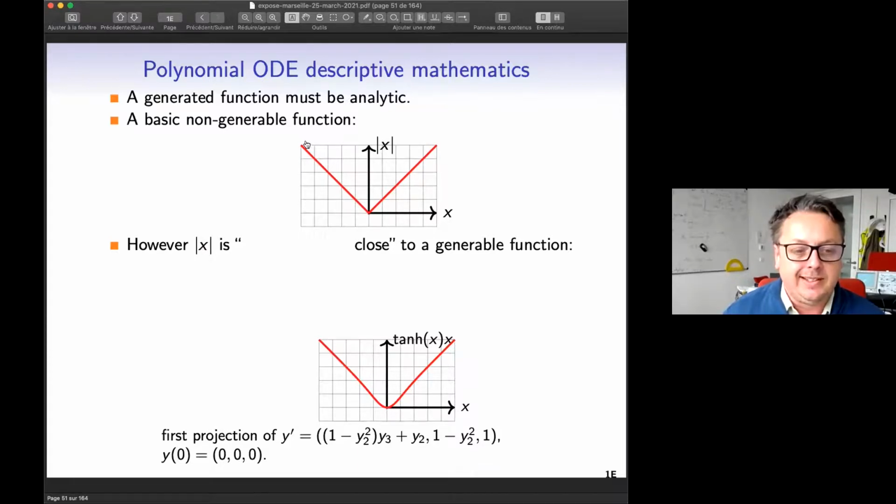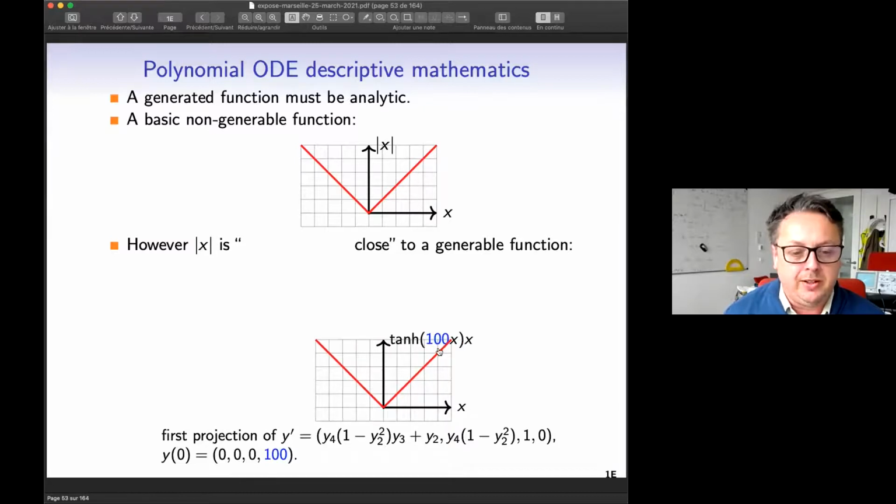So it's not exactly the shape of absolute value, but not far actually. And I wrote here the equation just to convince you that it could be drawn on my oscilloscope by just programming this polynomial ODE. Okay, you could say this is not the same, but if you want to do better, just put a 2 here, it would be better. And if you put a 100, it would be even better.